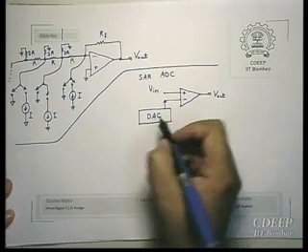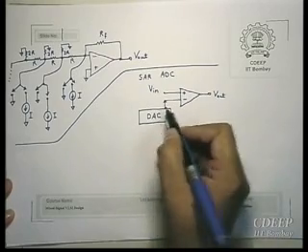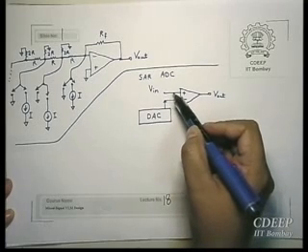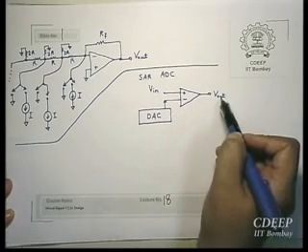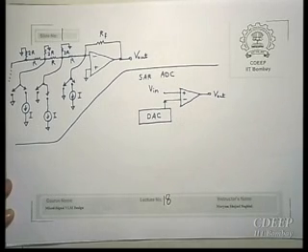For example, if you consider the current bit is 1 and it appears that Vin is less than that, your output becomes 0, therefore you will change the current bit to 0 and proceed. So this was the operation of SAR ADC.